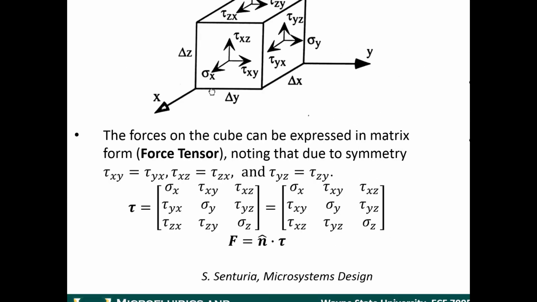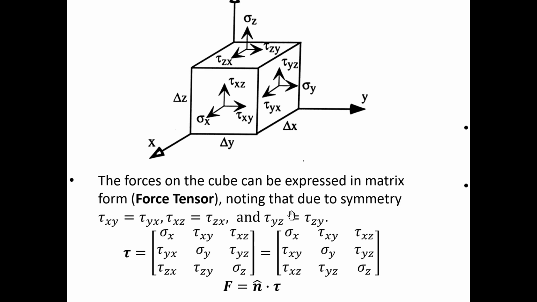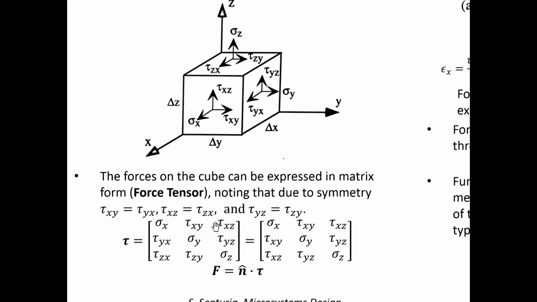The forces on this cube can be expressed in matrix form through a force tensor, noting a certain symmetry: tau xy is equal to tau yx, tau xz is equal to tau zx, and tau yz is equal to tau zy.